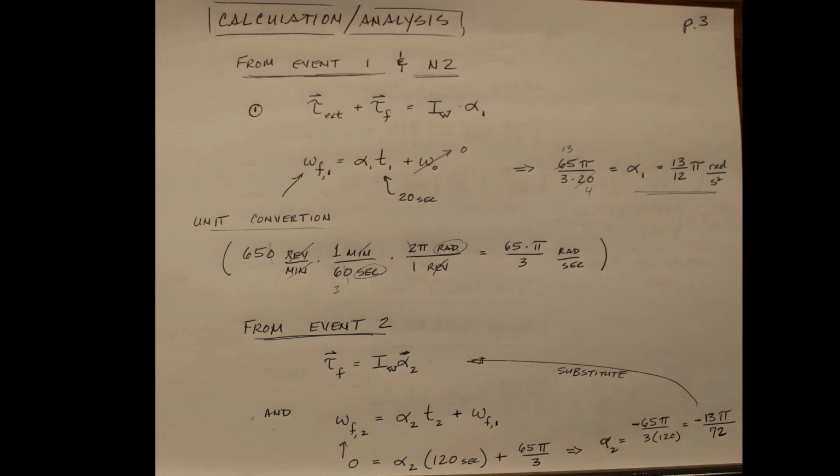Now, because they gave us some information about how long it takes for the wheel to come to rest, we can solve for the angular acceleration during this second event, where it's just the frictional torque that's slowing the wheel down to rest again. And we find the angular acceleration is negative 13 pi over 72 radians per second per second.